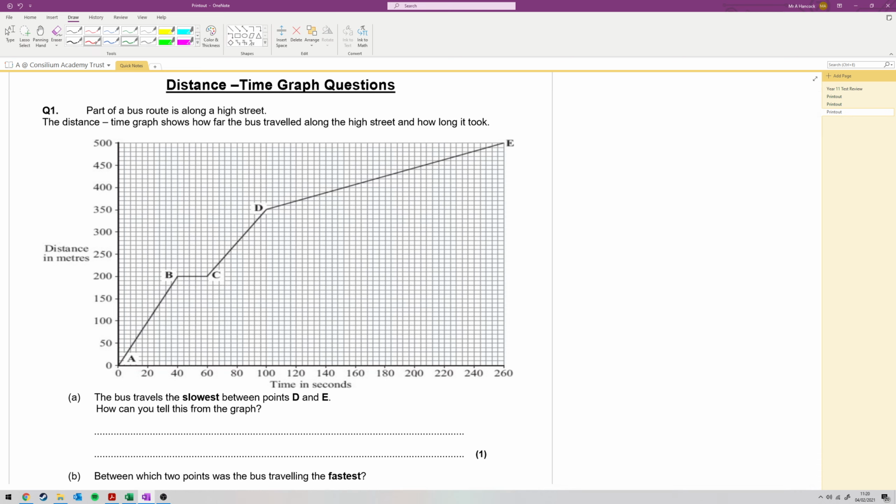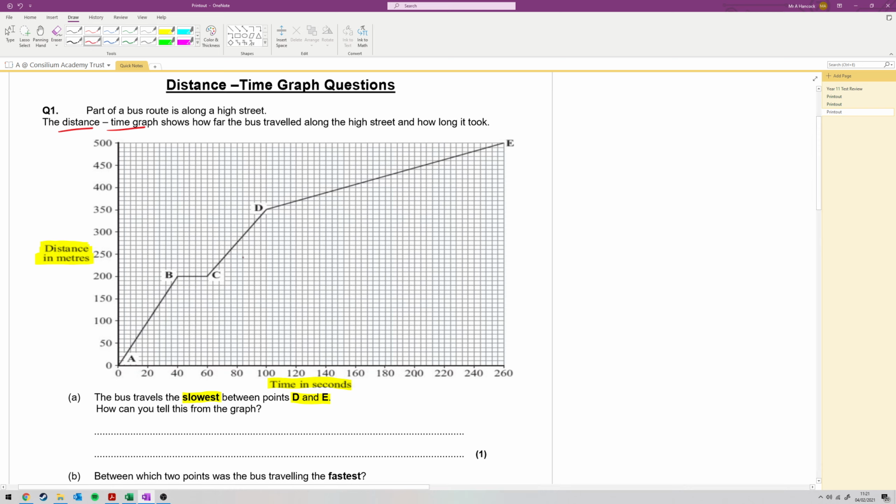Part of a bus route is along a high street. The distance time graph shows us how far the bus travelled along the high street and how long it took. Well, we know this is a distance time graph because the graph here, distance is on the y, time is on the x. The bus travels the slowest between points D and E. How can you tell this from the graph?